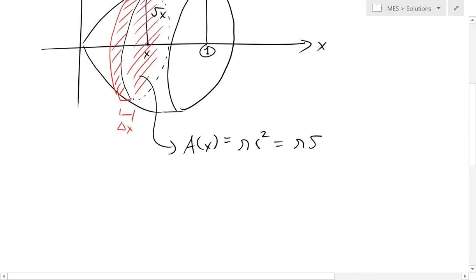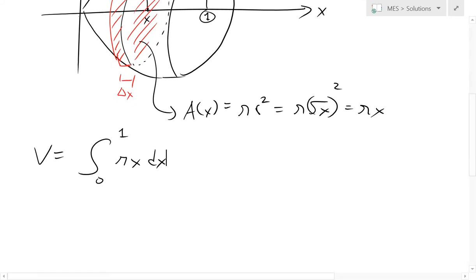So pi times square root of x squared, the square root and square cancel, and we have pi times x. That's the area. So our volume is the integral from 0 to 1 of this area times dx, pi x dx.